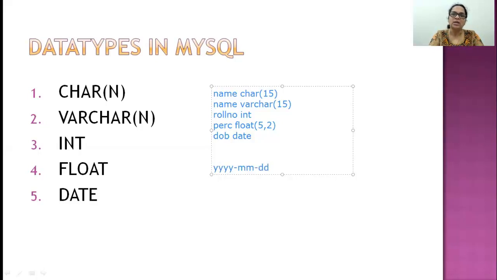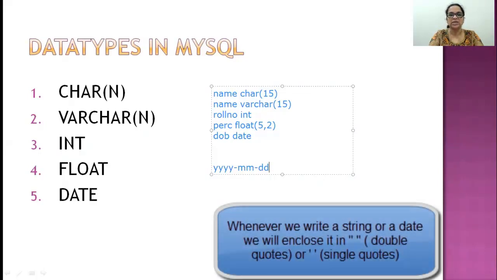But I'm not saying you have to use this format. The format could be changed as well in the MySQL environment. But by default, the format is a 4-digit year, followed by the 2-digit month, followed by the 2-digit day. Is that clear? So these are the various data types that you can see in MySQL.